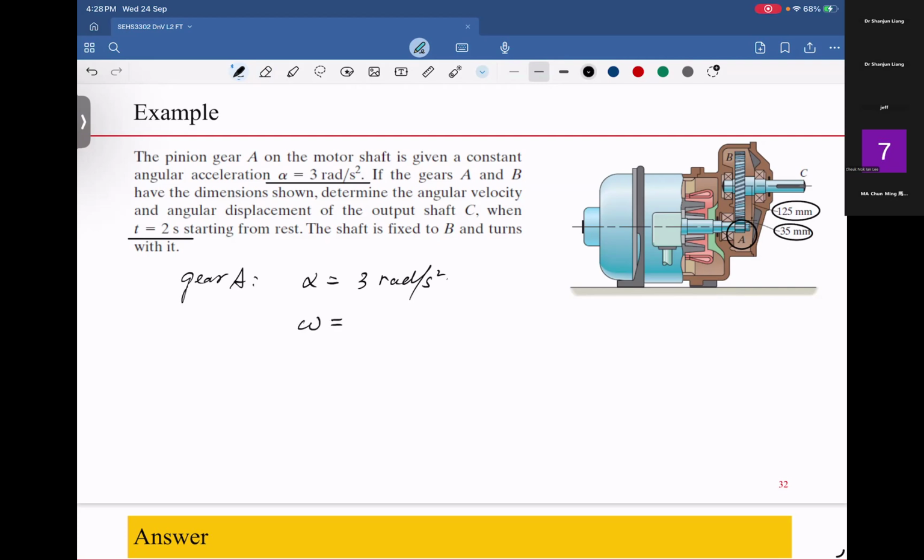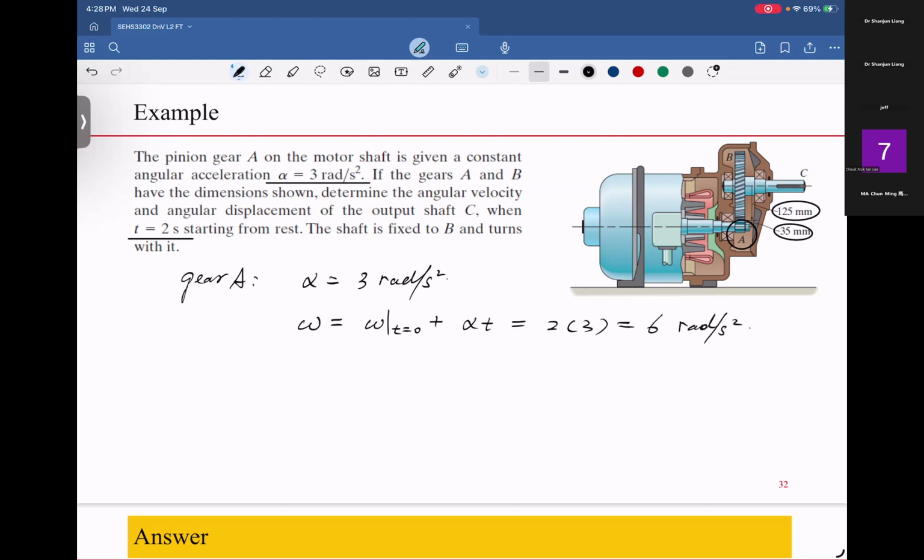Omega is omega 0, the omega when t is 0, initial, plus alpha times t, because it is a constant angular acceleration. So it is 2 seconds times 3, which is 6 radians per second.